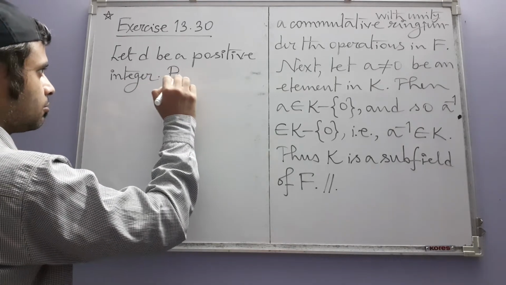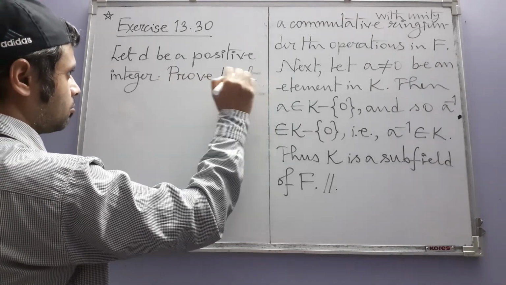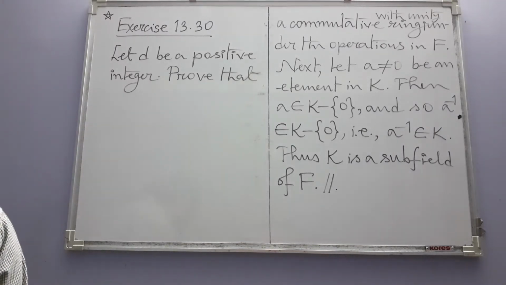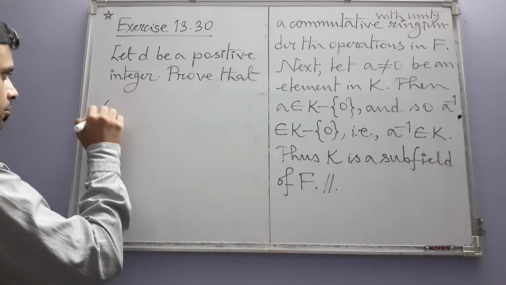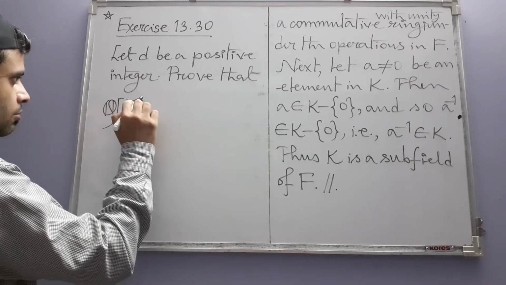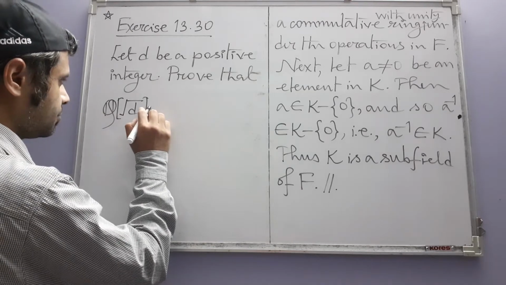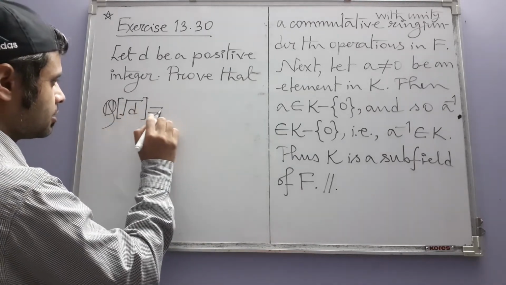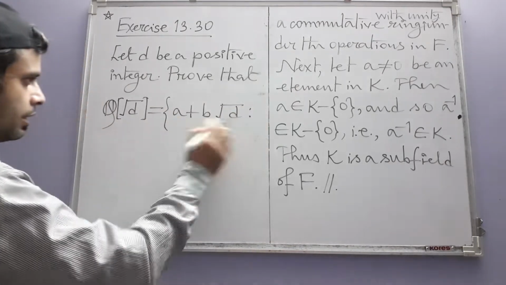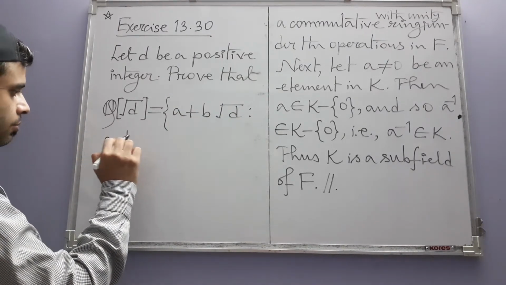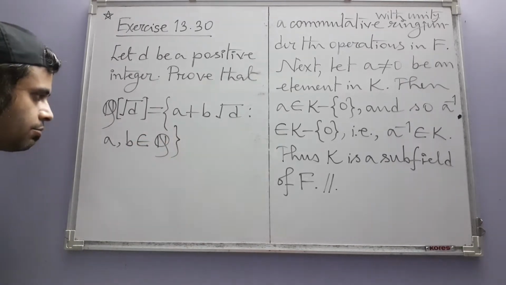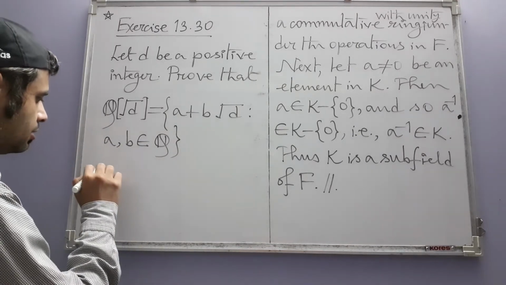Prove that this set, Q root D, where the elements look like this and where A and B belong to Q. You understand that this Q is denoting the field of rational numbers. This set is a field.